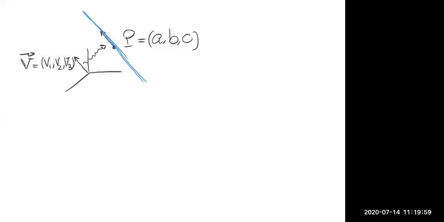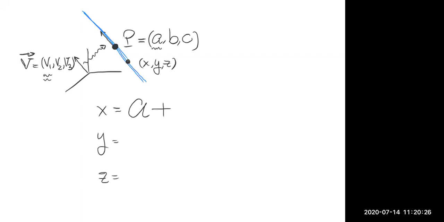The points on this line have coordinates of the form x, y, z, and they are given by these equations. At time 0, we are assuming we are at the point P. So x is equal to a, because the first component of P is a, plus v is the direction.